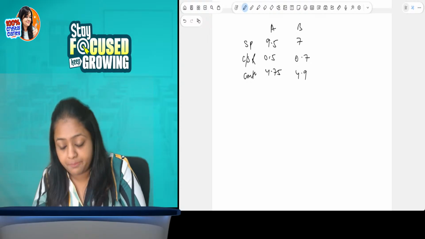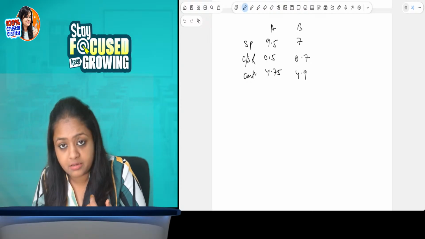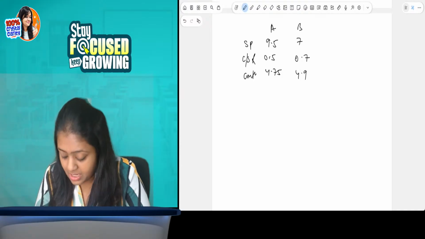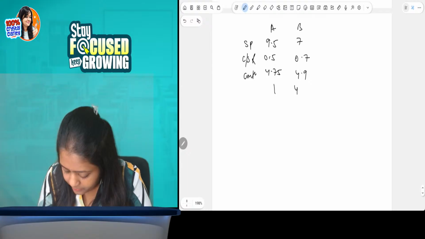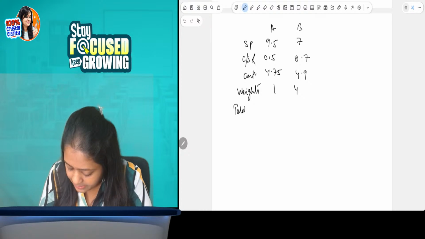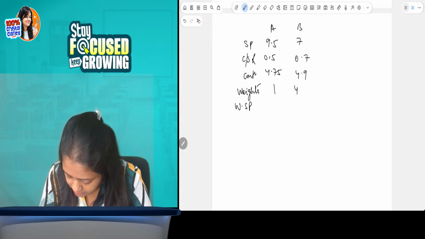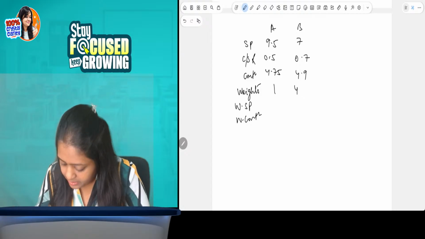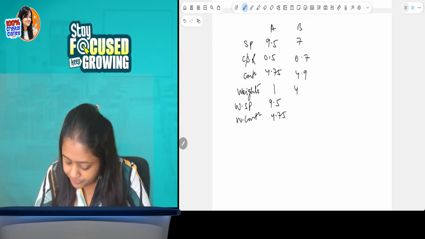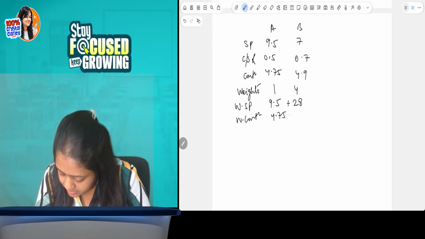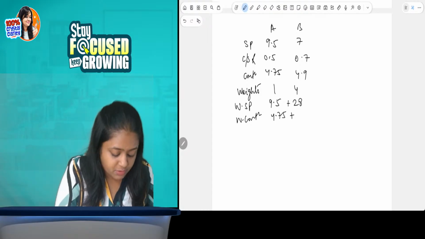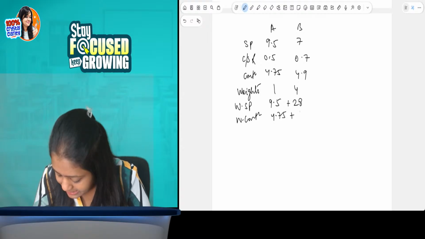Okay, now you have the selling price and the contribution, so multiply with the weights and get the weighted average contribution. You don't even need units. The weights are 1 and 4. Now get the weighted selling price and weighted contribution. So 9.5 into 1 will be 9.5, and 4.75. 7 into 4 will be 28, and 4.9 into 4 will be 19.6.